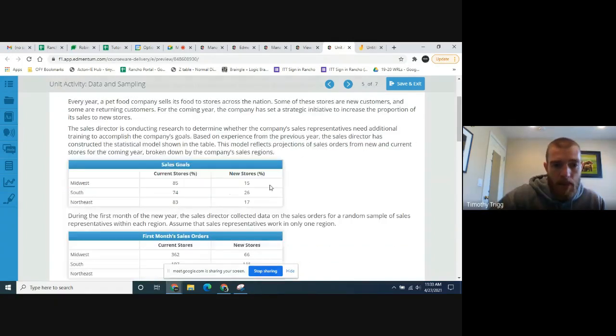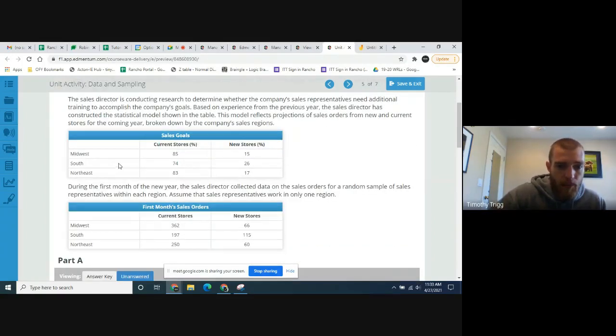So basically what it's looking at is, you could see in the Midwest, current stores 85%, new stores 15%. Both these percents should add to 100 across the line, and you could see that. So in the South, you could see fewer current stores, right? More so new stores. And the Northeast, you can see it's kind of similar to the Midwest there.